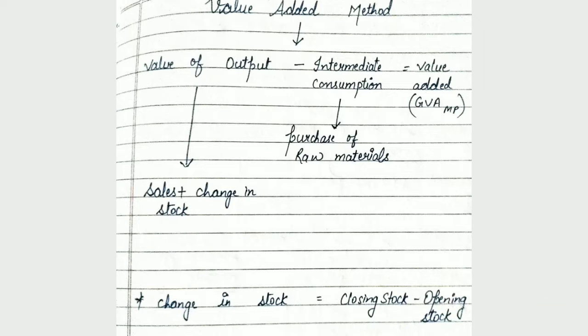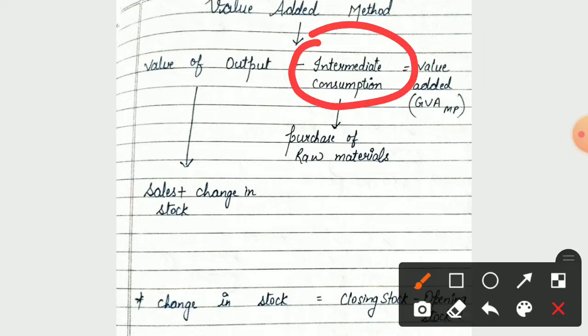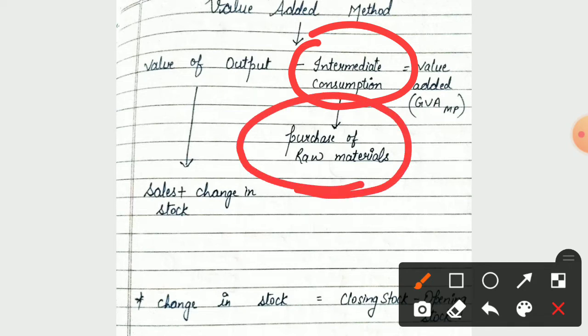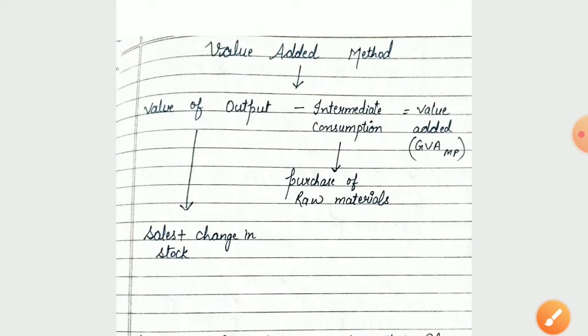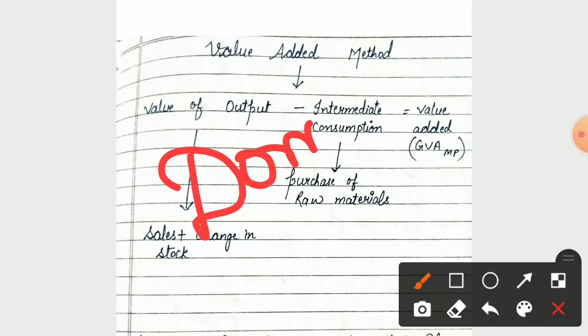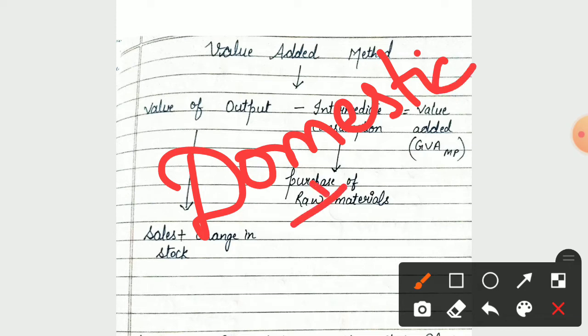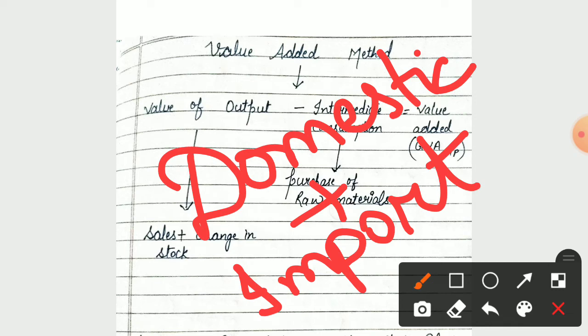Now intermediate consumption means whatever you have purchased, for example some kind of raw material. Same case as with sale, that will be repeated over here also. If these raw materials are only domestic, then you will add imports. If domestic is not mentioned, that means imports are included in it.